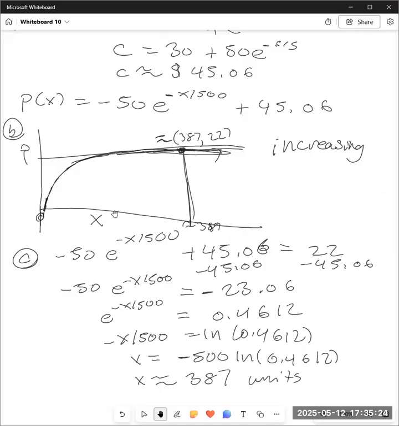All right, let's go ahead and look at number 55, which is a revenue problem. It says the rate of change of revenue for the Priceline Group from 2004 to 2013 can be modeled by dR/dt is 0.07 e to the 0.2387t.